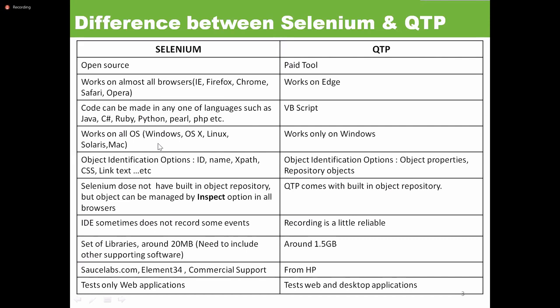For now, the common advantage is that Selenium is open source and supports multiple browsers, multiple languages, and multiple operating systems. In case of QTP, it is a paid tool, working with only one browser and only one operating system. These are the very general advantages here.